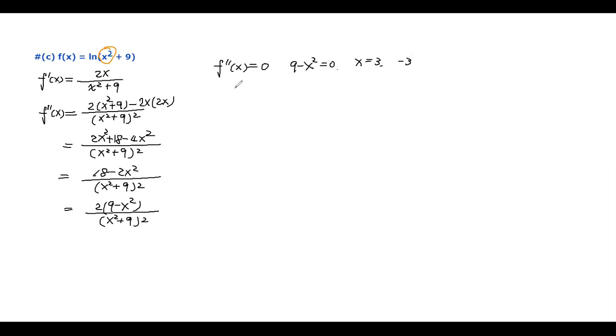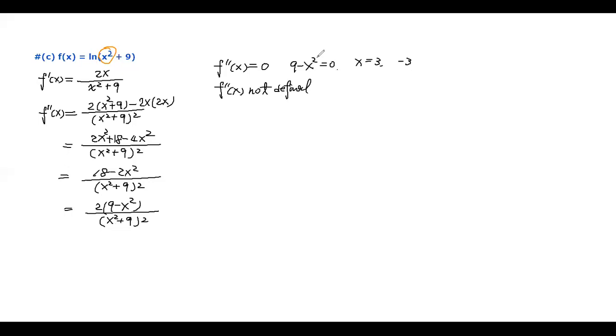Okay, so then we also say where the f double prime x is not defined, right? So let's see, do we have an f double prime x not defined? Well, I don't, because even though I have a denominator, the denominator is x squared plus 9.